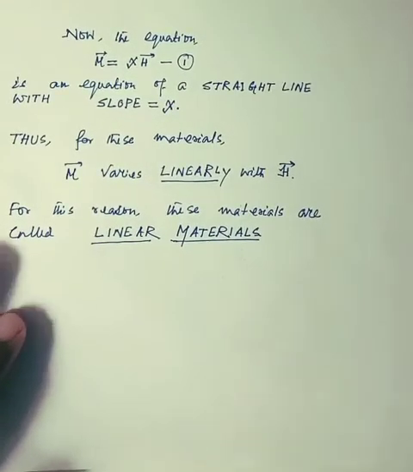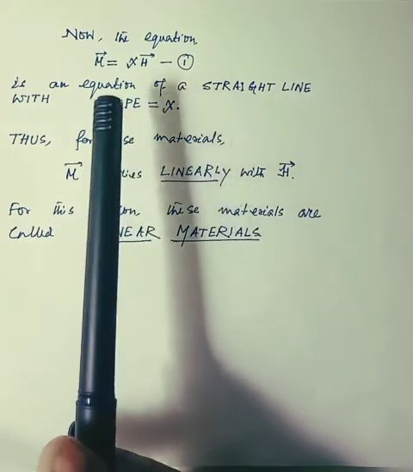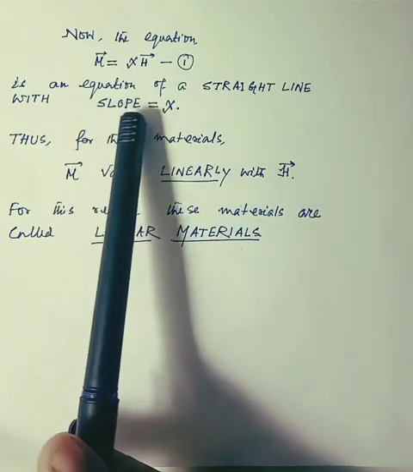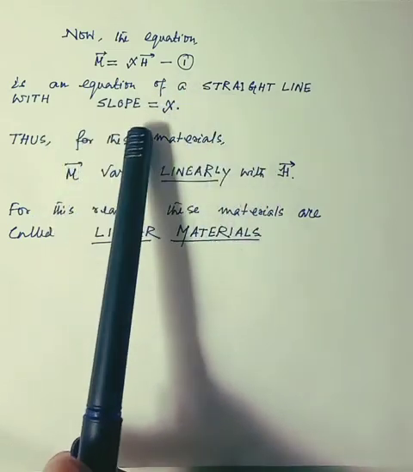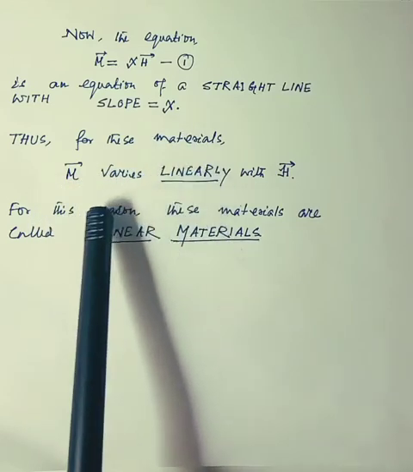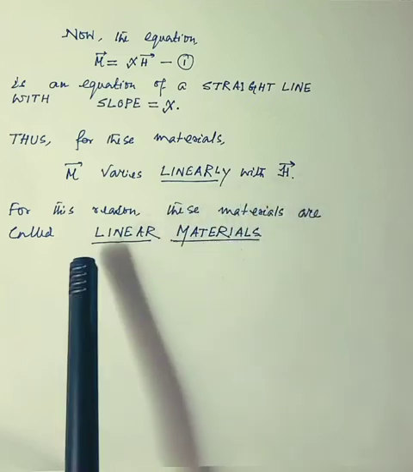Now the equation 1 gives M bar is equal to chi H bar, and this is an equation of a straight line with slope equal to chi. Thus, for these materials, M bar varies linearly with H bar.